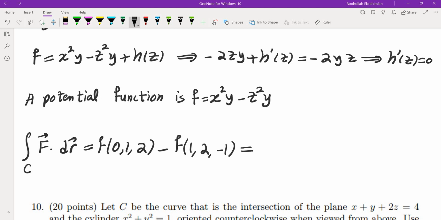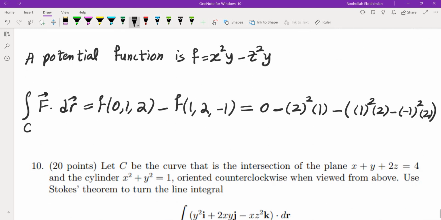We get 0 squared times 1, that's 0, minus z squared, which is 2 squared times 1, minus 1 squared times 2, minus negative 1 squared times 2. So this would be minus 4 minus 2 minus 2. So the answer is negative 4.